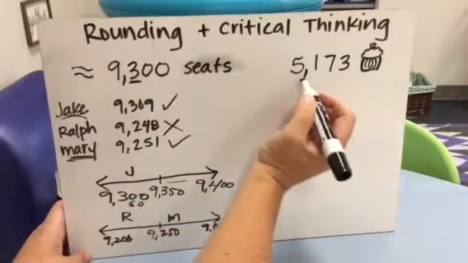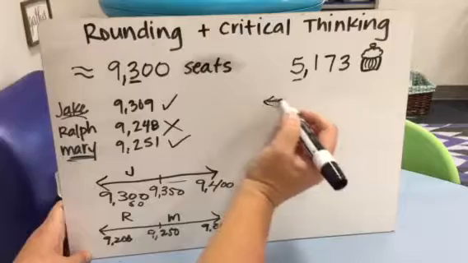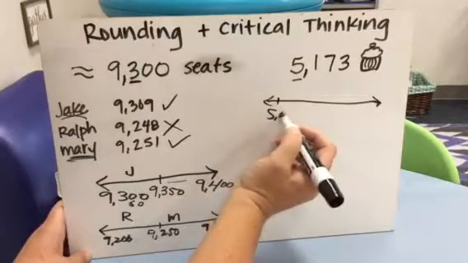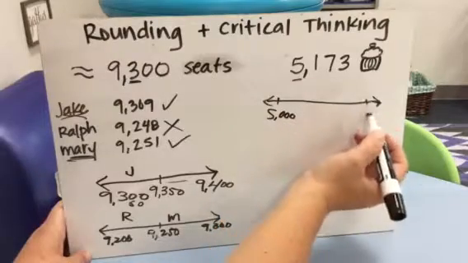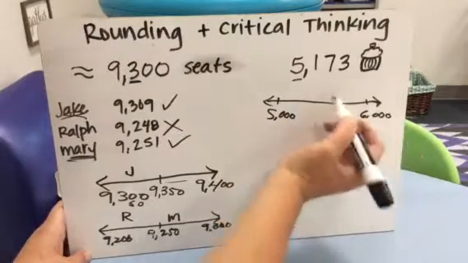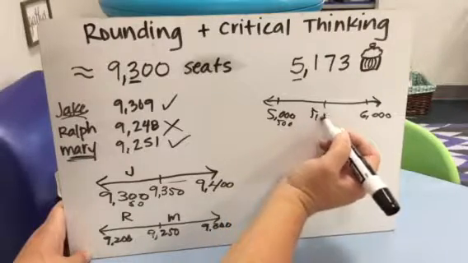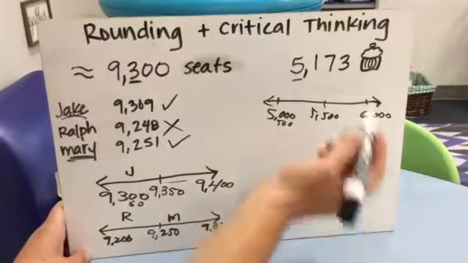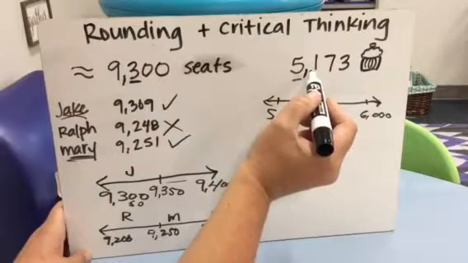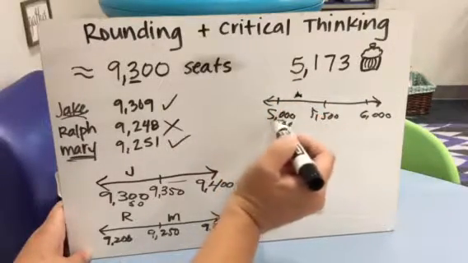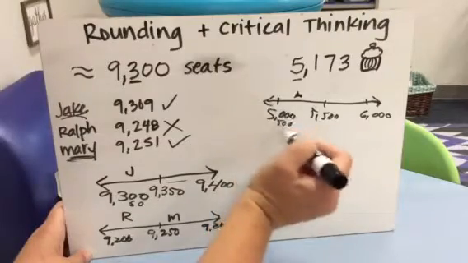If we round to the nearest 1,000, that would mean I'm in the 5,000s, and my next benchmark is the 6,000s. My midpoint for thousands is 500, so 5,500. My number is less than the midpoint here, so I would call the cupcake store and say I need 5,000 cupcakes.